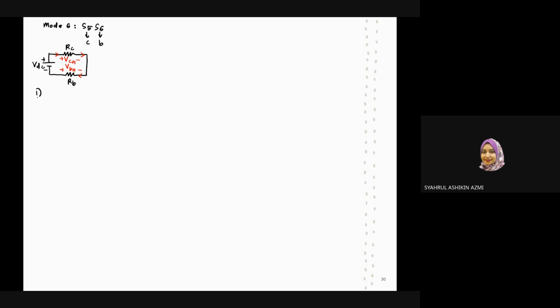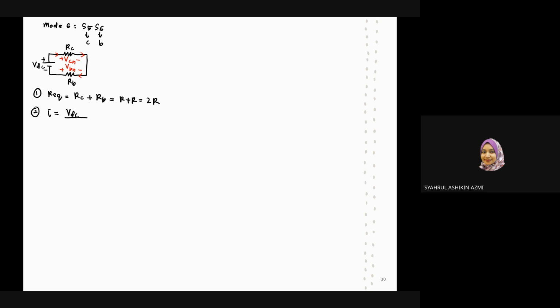Step number 1, you need to find the equivalent resistor. In this case, it will be RC plus RB, or let's say you have a balanced load, it will be equal to 2R. Step number 2, you need to find your current.